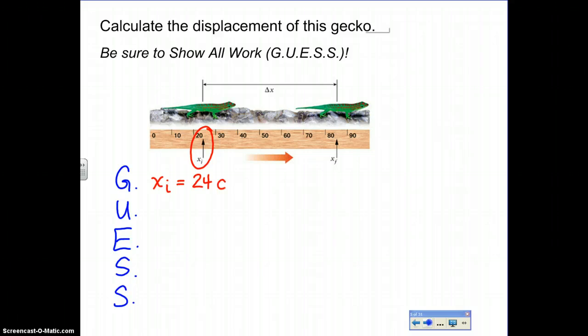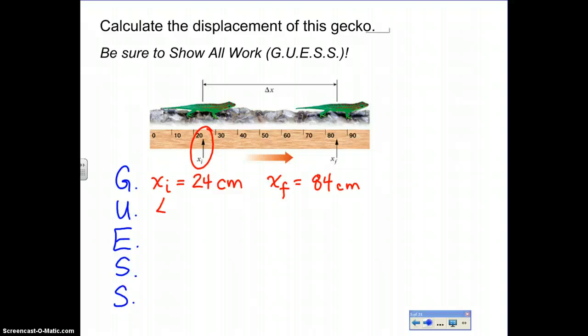We're looking for a unit, so maybe 24 centimeters. We can see that its final position looks to be about maybe 84 centimeters. And notice that it's 84 centimeters to the right. So that means when we do our calculation, we would expect to produce a positive number.